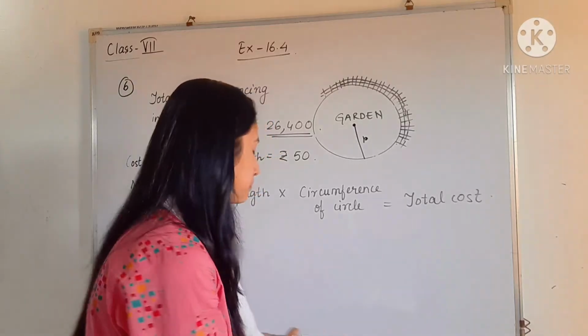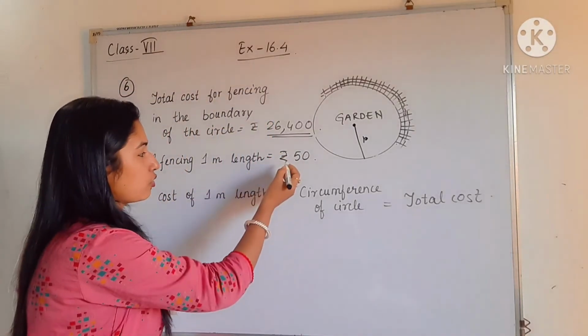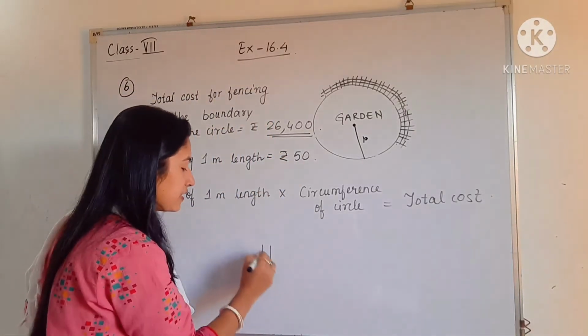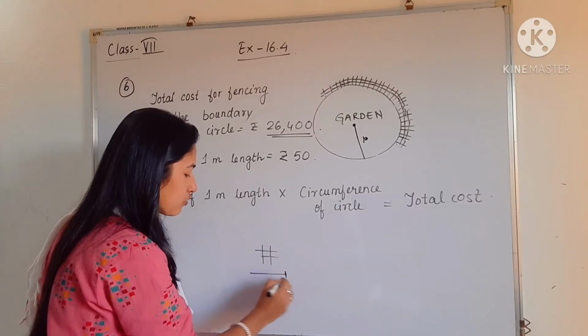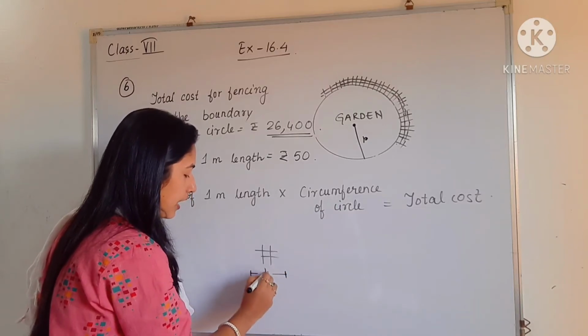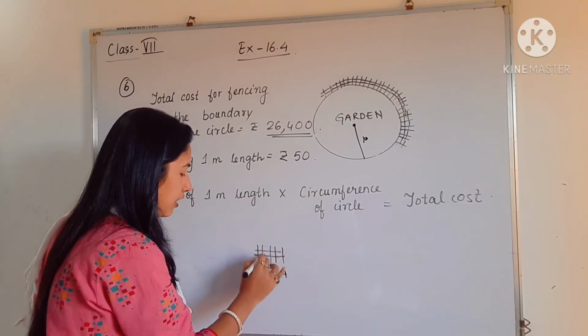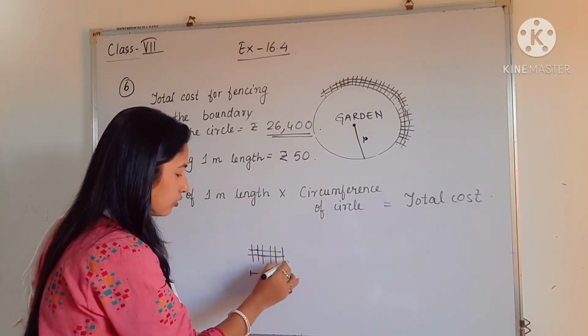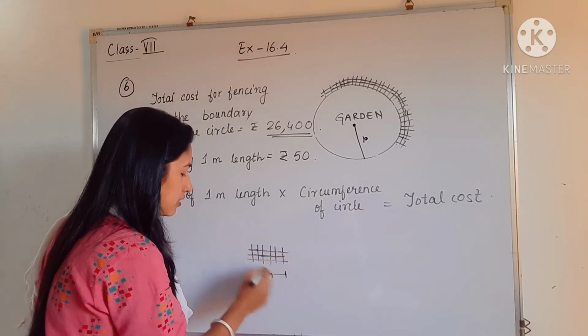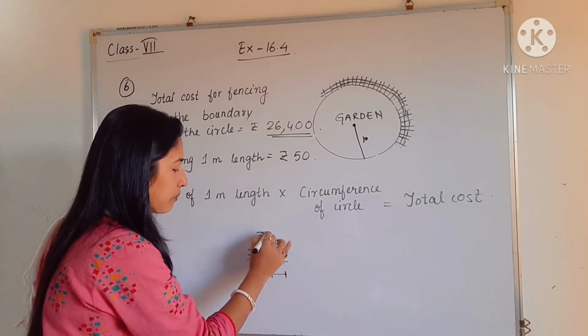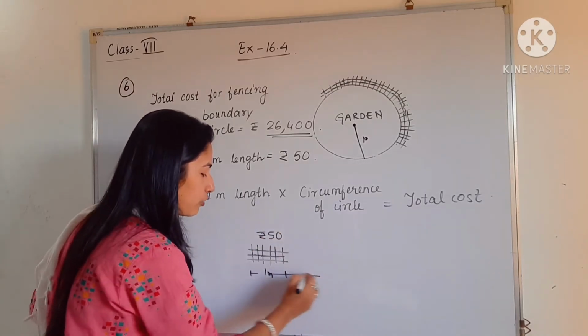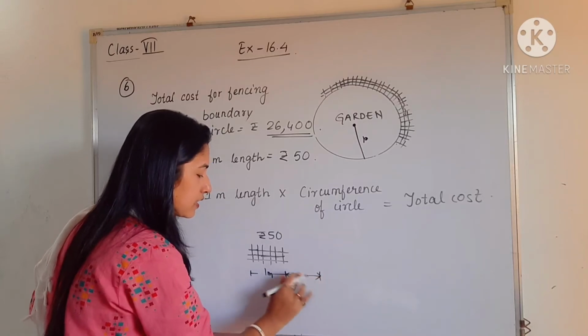I will get the total cost. Okay, suppose see, in this question it is given that if you put fencing in 1 meter, suppose this is 1 meter length, and we are putting fencing in this much length, 1 meter length. Okay, so suppose this cost rupees 50. So what will be the cost of 2 meter fencing?